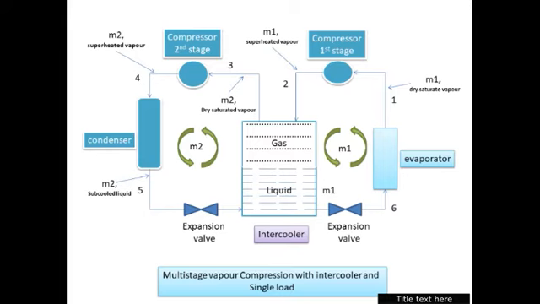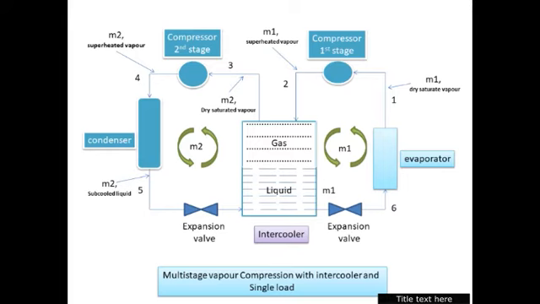So we can clearly see that from 6 to 1 we have evaporation, and from 1 to 2 we have compression. The first stage compressor is at low pressure. From point 2, the superheated vapor will enter the intercooler. It will get a sufficient amount of liquid, and its mass will be increased.